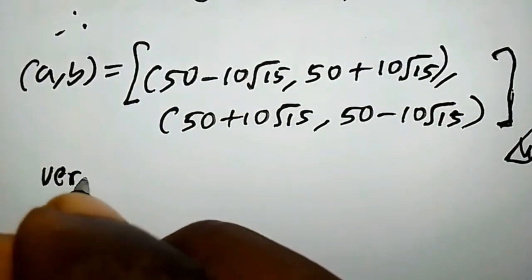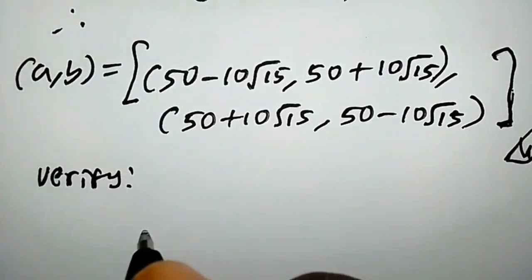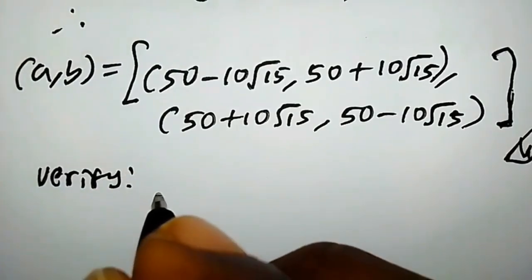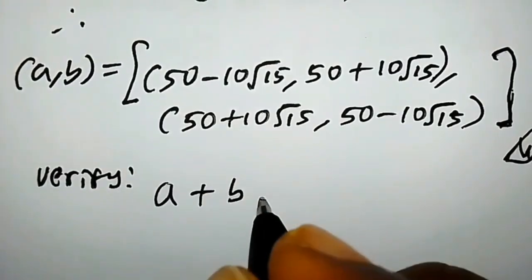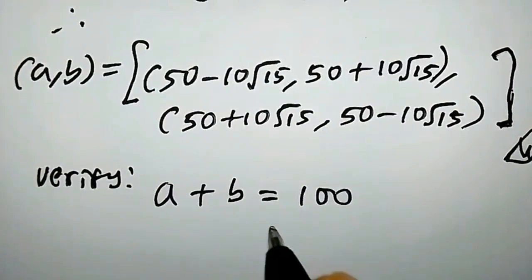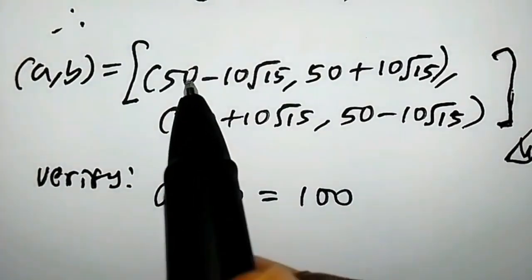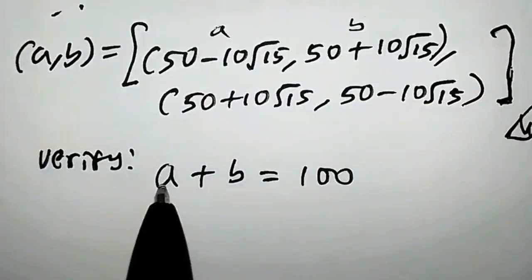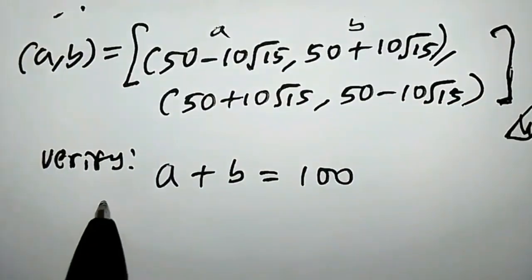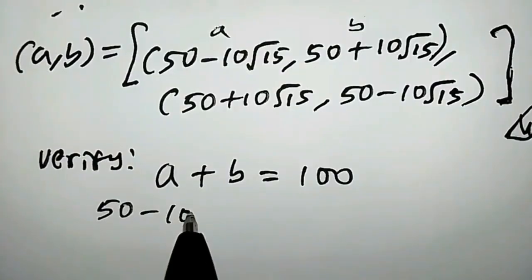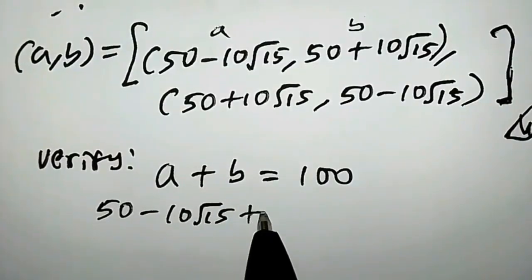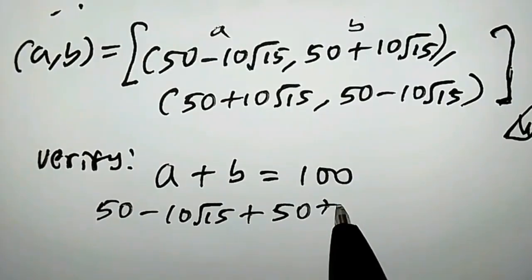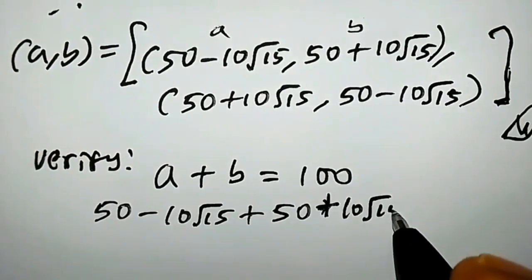So, verify. We are going to verify using equation 2. a plus b equal to 100. This is equation 2. Consider the first solution. This is a, while this is b. So this becomes 50 minus 10 root 15 plus, what is b? b is this guy, 50 plus 10 root 15.